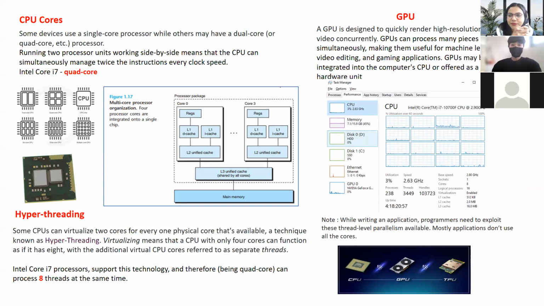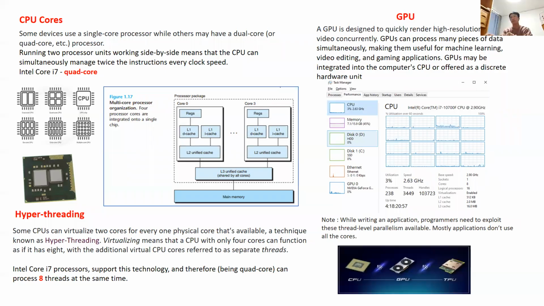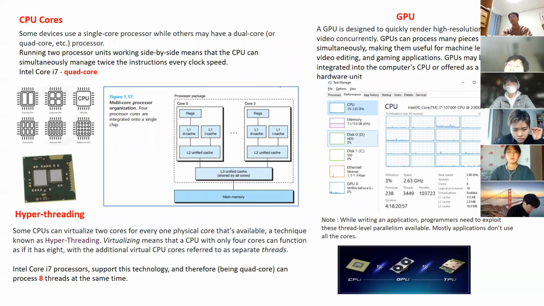Can somebody guess? Chan Dong Hui, tell me, what do you think on your computer? How many CPUs are there? Is there only one CPU, or could there be more? More CPUs? Right.